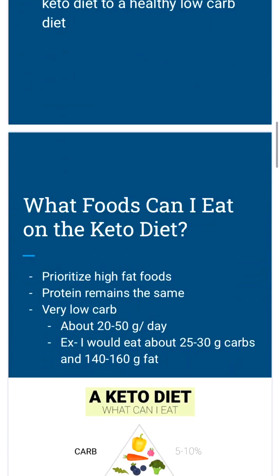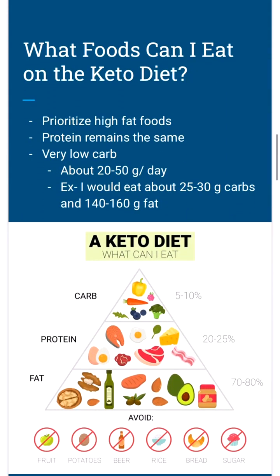All right, let's get started. I think the number one question people have is, what foods can I eat? What are the foods I'm supposed to eat on the keto diet? A little refresher from last time: the keto diet is essentially a really high fat, really low carb diet. Our protein for the most part is going to stay the same.